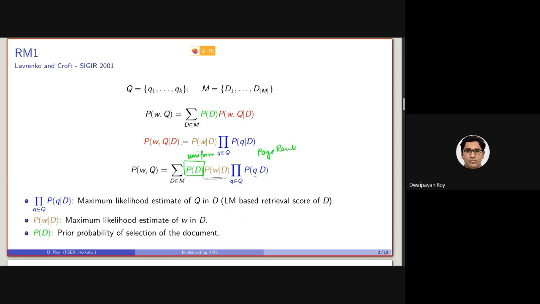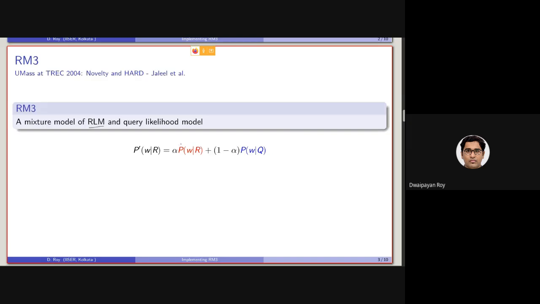I haven't discussed the RM2 model in the last class, because it is already shown that RM1 is much more superior than RM2. So an extension of RM1 is RM3, where we linearly interpolate the RLM or RM1 model.